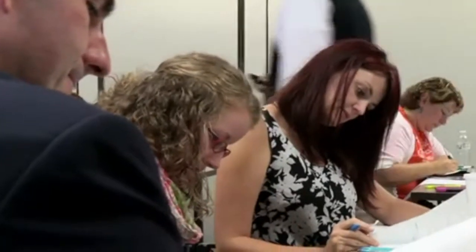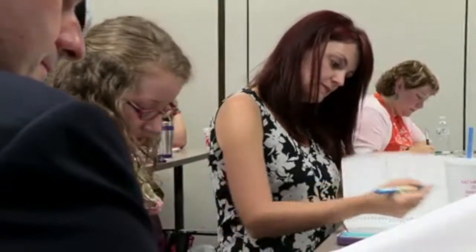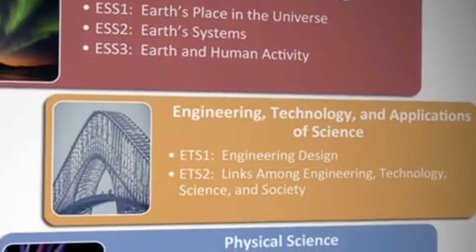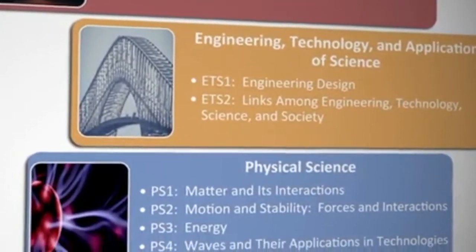We're going to focus on the intersection of 3 dimensions, but the feature is really the disciplinary core ideas. The way they're used in the standards is distinguished from historically when we had students learning the content and then simply being able to tell us the content. These disciplinary core ideas are the things the students use.